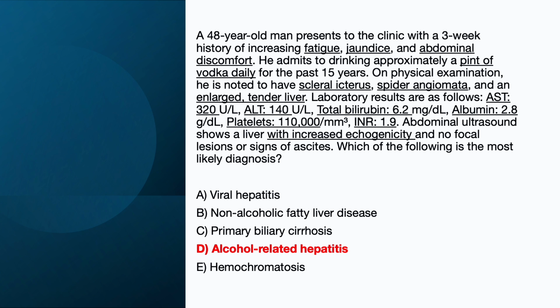Ultrasound findings of increased liver echogenicity further support the diagnosis of alcohol-related liver disease. Other options like viral hepatitis, non-alcoholic fatty liver disease, primary biliary cirrhosis, and hemochromatosis are less likely given the patient's clinical context and history of alcohol abuse.